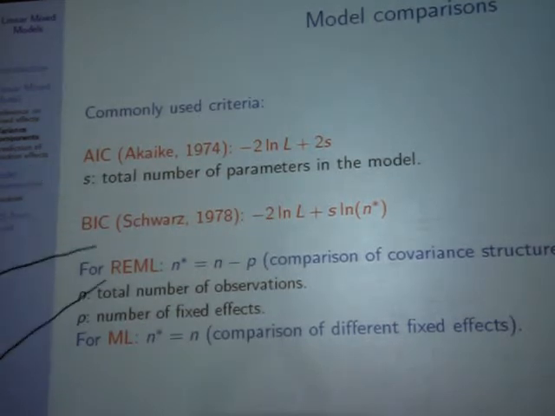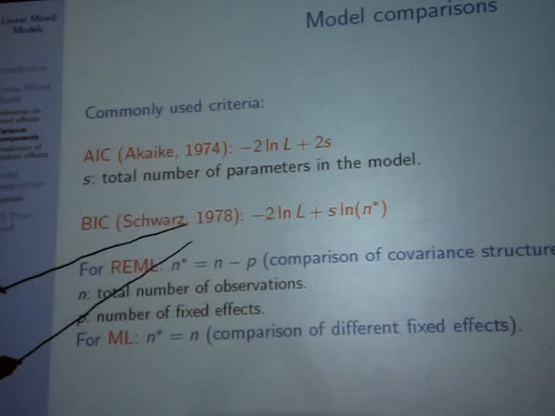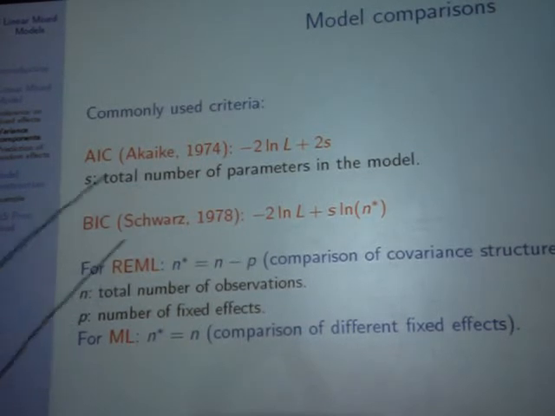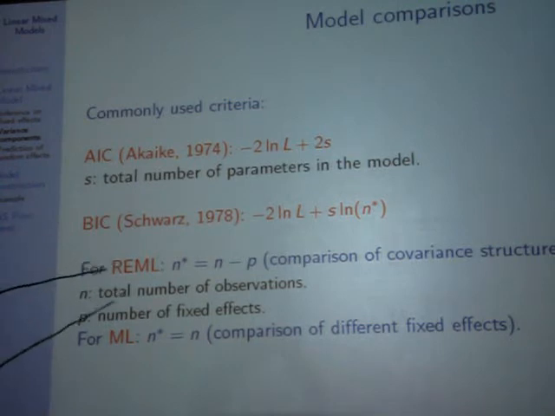So there is a little discussion here about the choice of n. In the previous version of SAS PROC MIXED, n was the total number of observations, but now it is the number of individuals. Because actually BIC was proposed for independent data, so independent observations, and in the case of longitudinal data, the data are correlated.